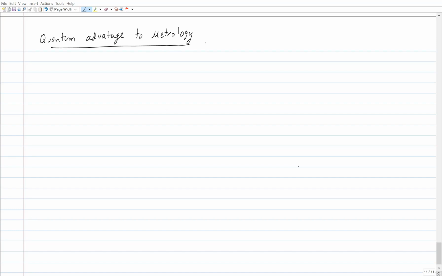So again, we essentially start with the first protocol we saw, where we were using a quantum state as a probe, and I'll this time write it in terms of an interferometer.